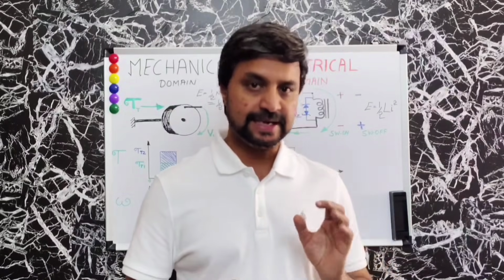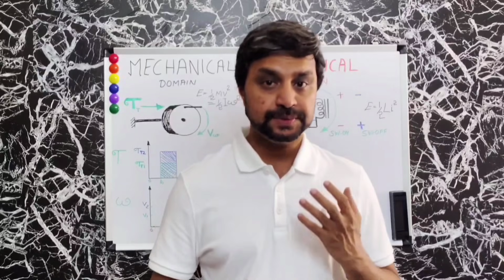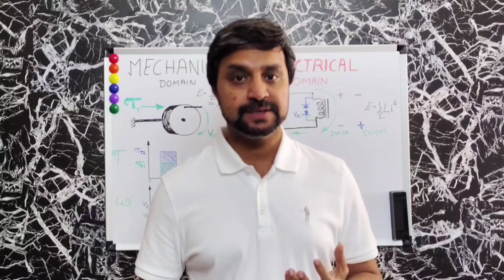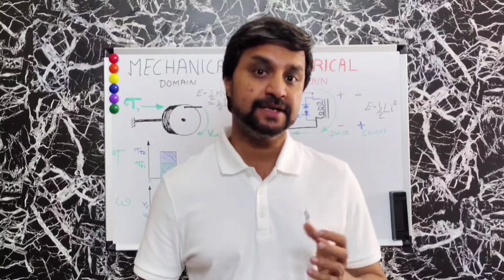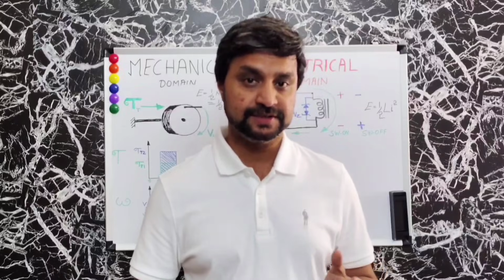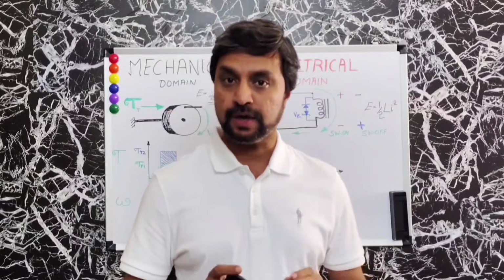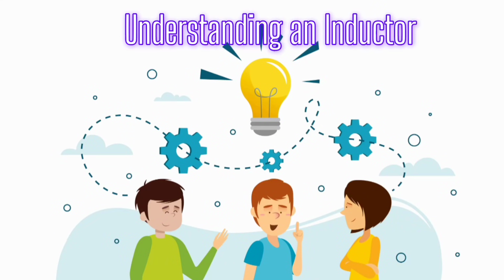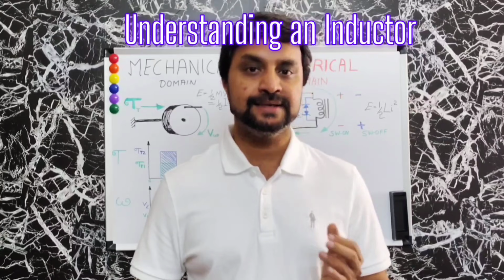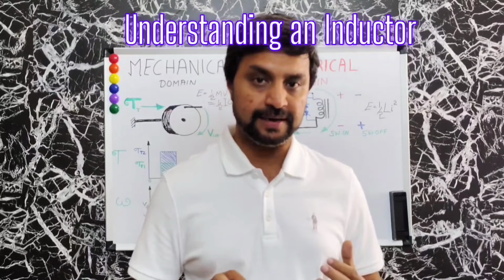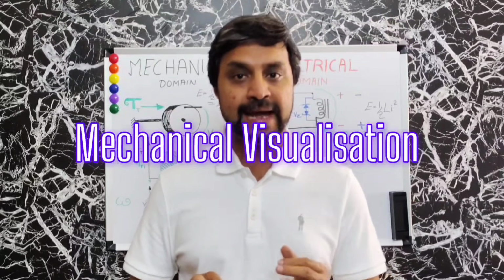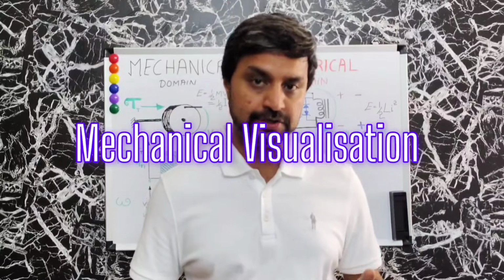For anyone to design an inductor, you must intuitively know certain parameters about an inductor and its functioning. For this reason, I have divided this talk into three parts. First part is understanding an inductor as a device with its mechanical or visualized analogy.